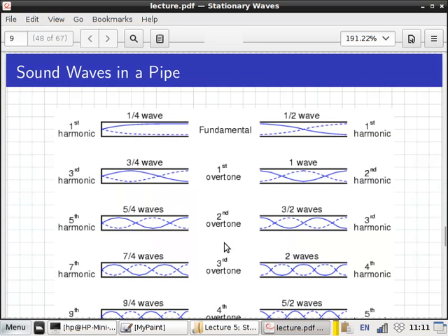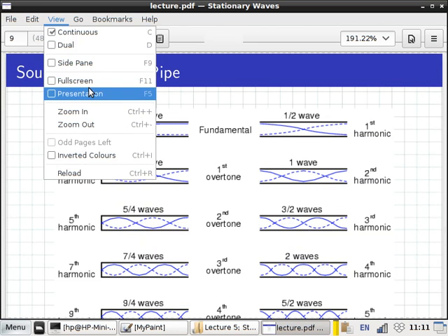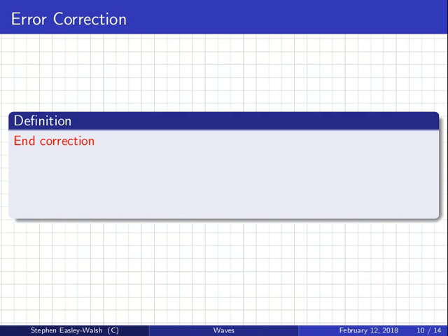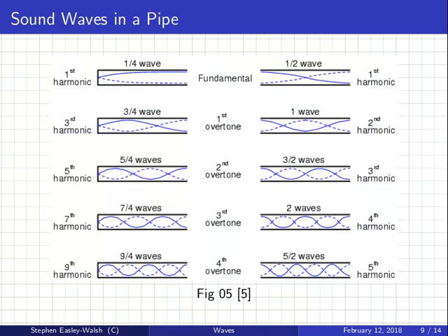Okay, so continuing. I think we finished here. Did everybody manage to draw this last time? Yep. Okay. So next now, there's a small problem with this. It looks like from the picture that the wave perfectly fits inside the length of the pipe.